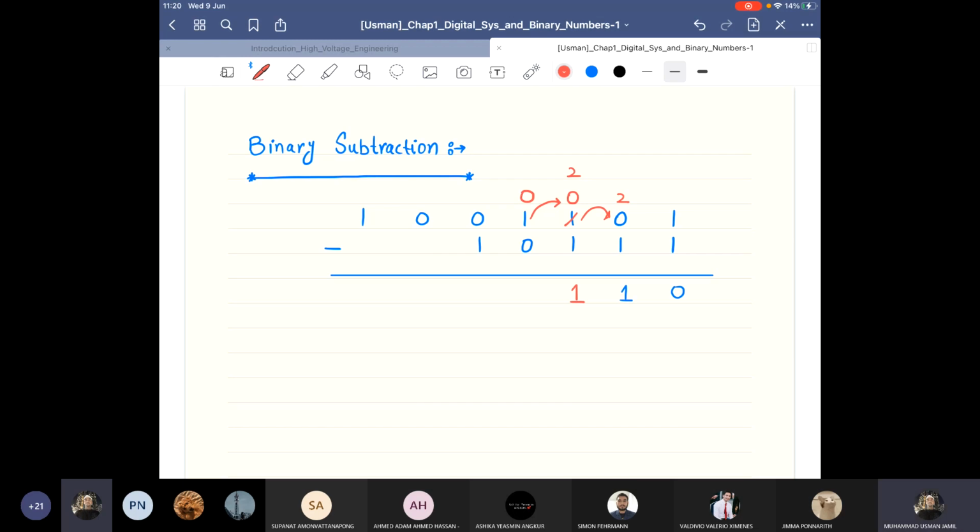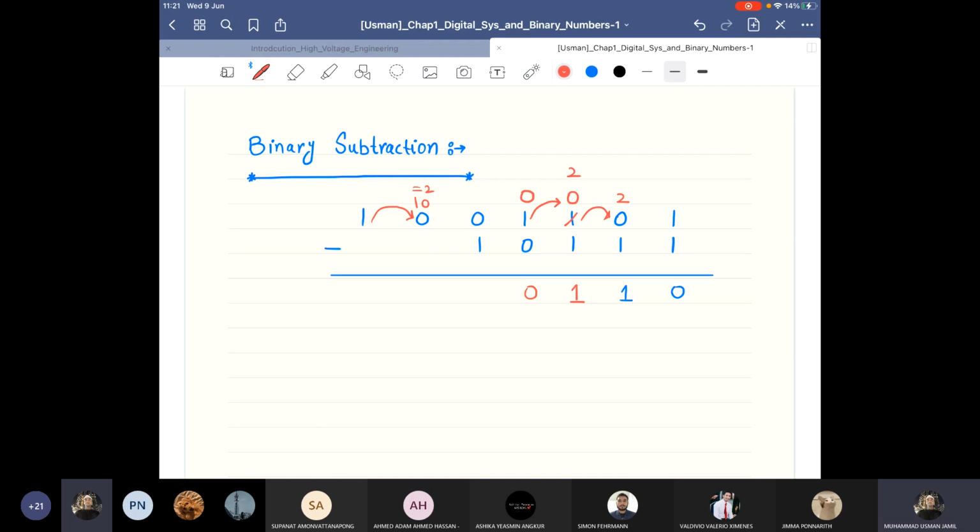Now for this one, 0 minus 0 is 0. Now again, 0 minus 1 is minus 1, so we cannot. It means this 0 cannot take a carry here, so no benefit. Then this one moves here, so this is now 1 0, which is equal to 2.